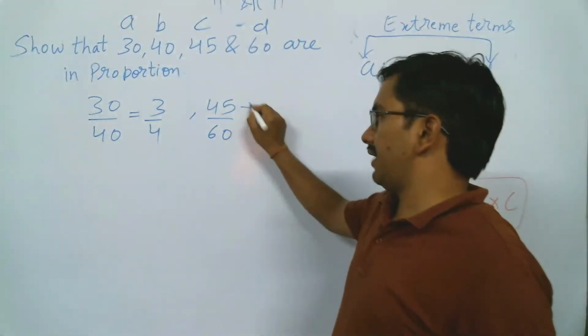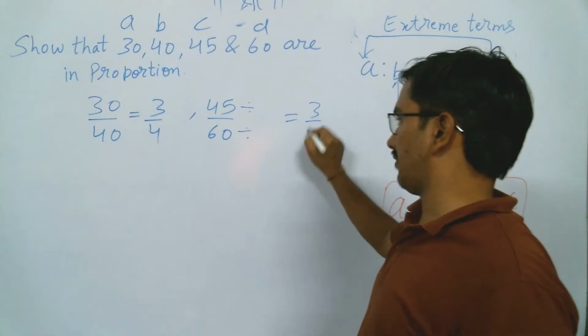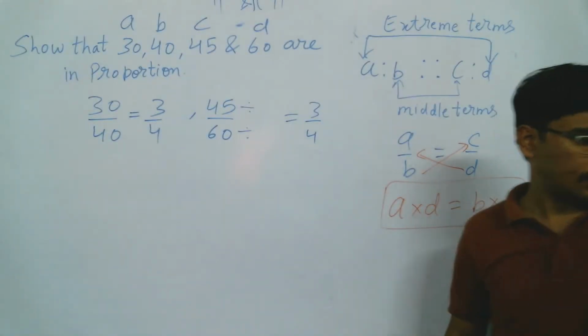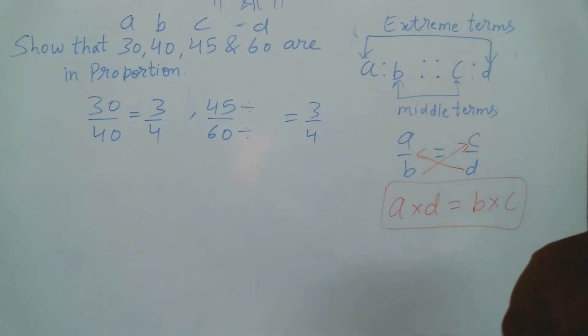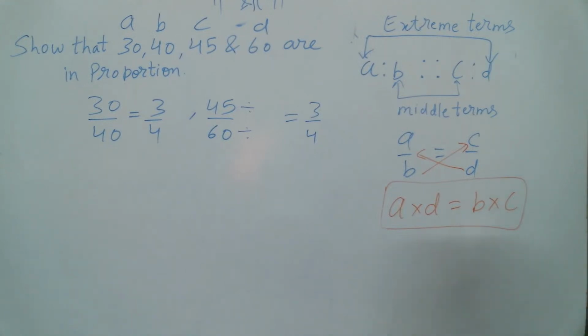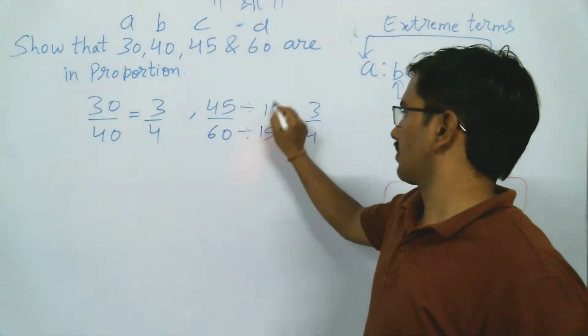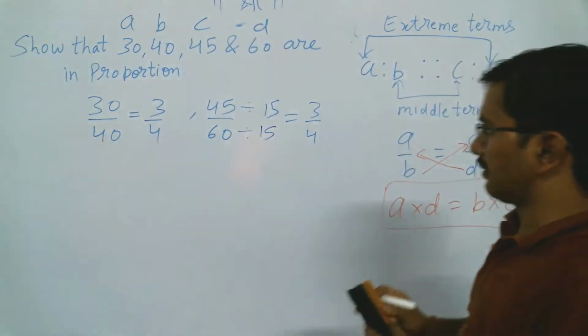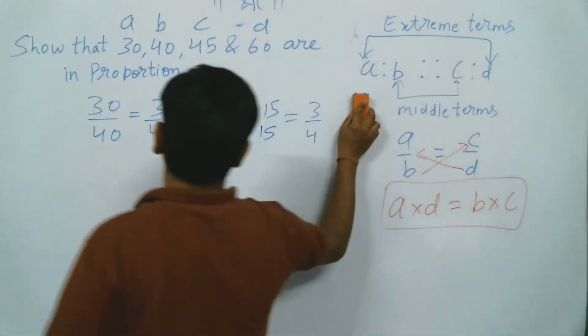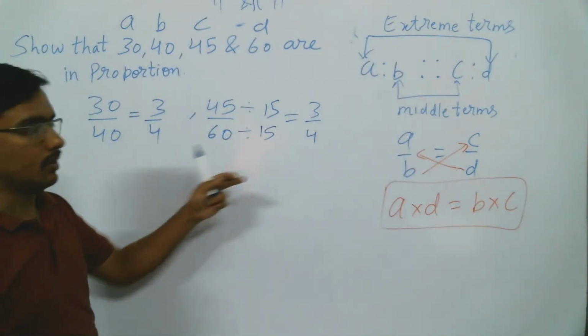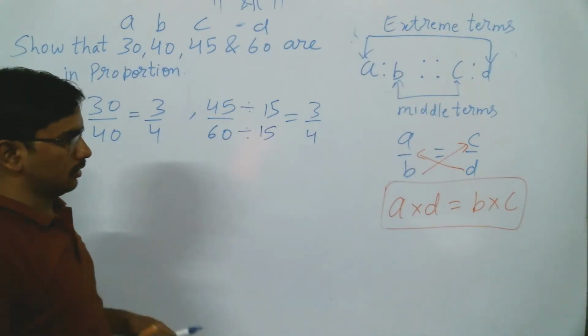By what number may I divide it to get 3/4? So this way we can check whether they are in proportion or not. And if these ratios are not coming the same, we can say their lowest forms are not equal.